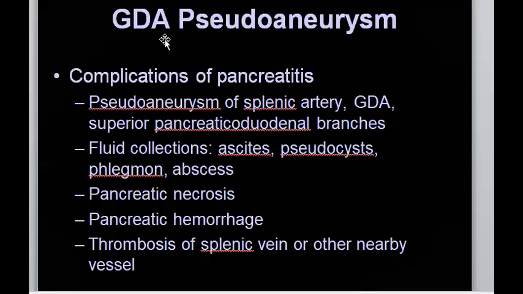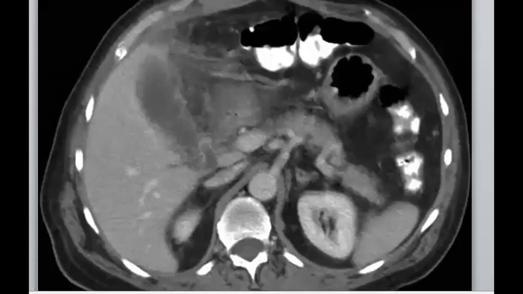So this is gastroduodenal artery pseudoaneurysm, a complication of pancreatitis. We mentioned already that pseudoaneurysm, splenic or GDA, fluid collections, abscesses, necrosis, hemorrhage, and thrombosis can happen.